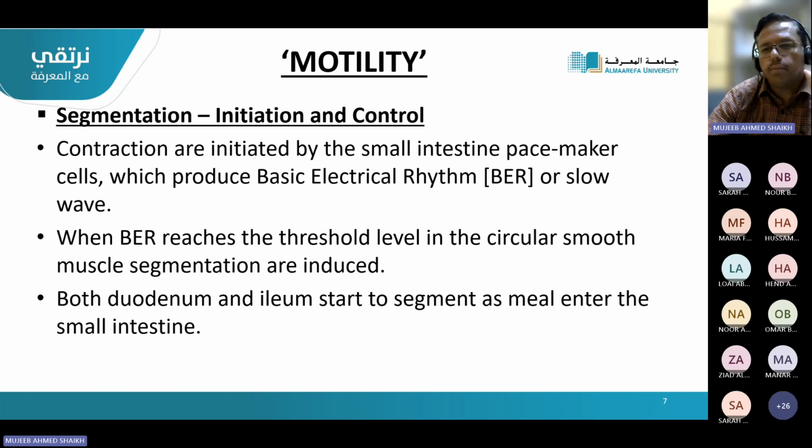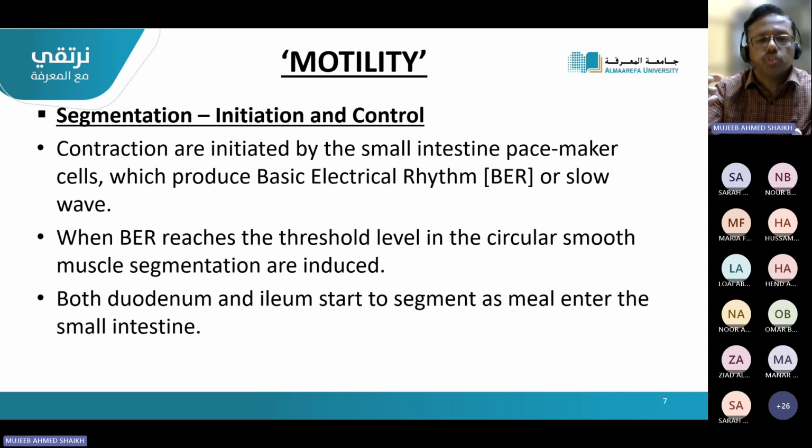So there is no resting membrane potential. These cells are always in a changing potential because of the movement of ions. It goes from the depolarization state to repolarization and back to depolarization.